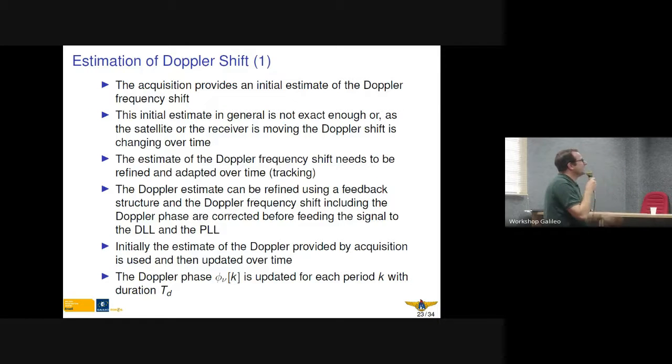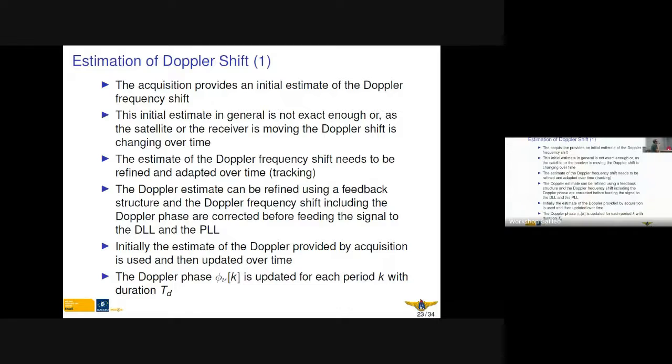So, the acquisition, I think I mentioned most of this already. The acquisition provides an initial estimate of the Doppler shift. This initial estimate in general is not exact enough, and as the receiver is moving, the Doppler shift is changing over time. The estimate of the Doppler frequency shift needs to be refined and adapted over time, and that's why we talk about Doppler tracking also.